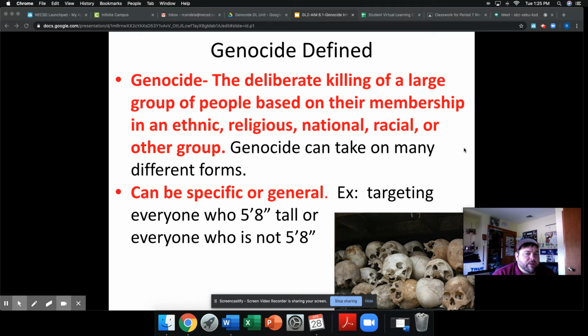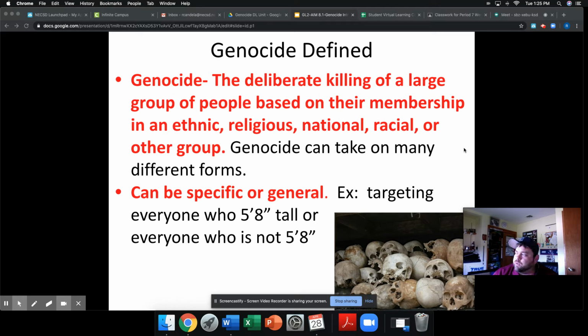So genocide can work by targeting a specific group of people because they are a certain thing, they are a certain ethnicity or religion or race, etc. Or genocide can target a group of people because they are not a specific thing.